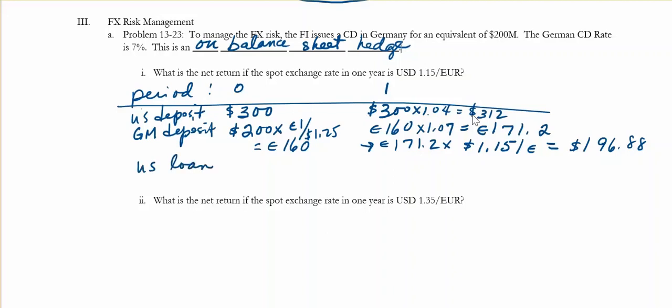The US loan is the same as before. We're lending 300 at 6% interest, 318. That work was done previously, so I'm not redoing it.